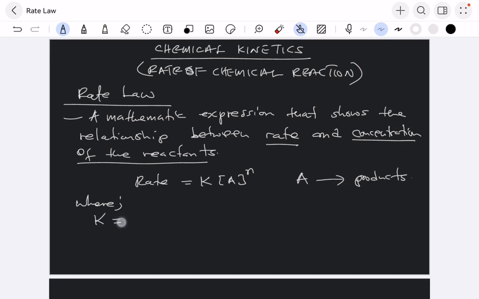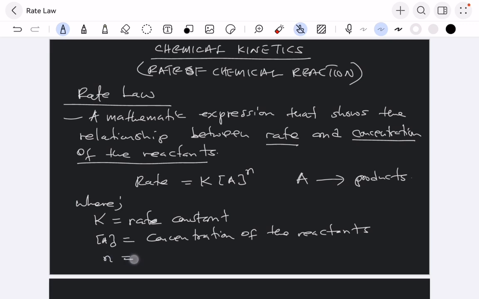K represents what is known as the rate constant. Then A, in this case, represents the concentration of the reactants. Then n represents the order of the reaction.